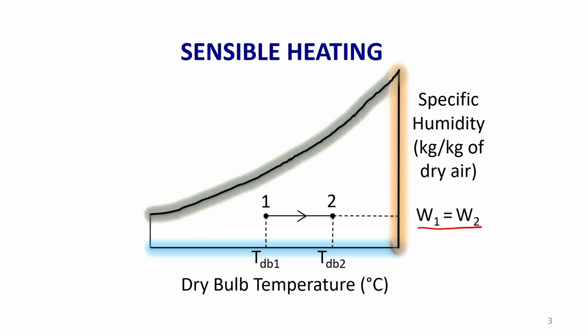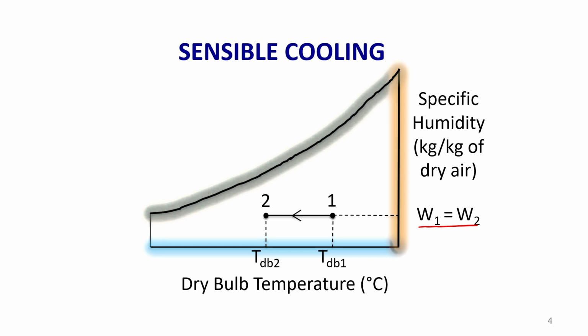Similarly, in the first slide, let me write sensible heating, and let me write the higher value first: the dry bulb temperature at 2 will be greater than the dry bulb temperature at state point 1. That is sensible heating. In the sensible cooling process, the dry bulb temperature at 2 will be less than the dry bulb temperature at state point 1.